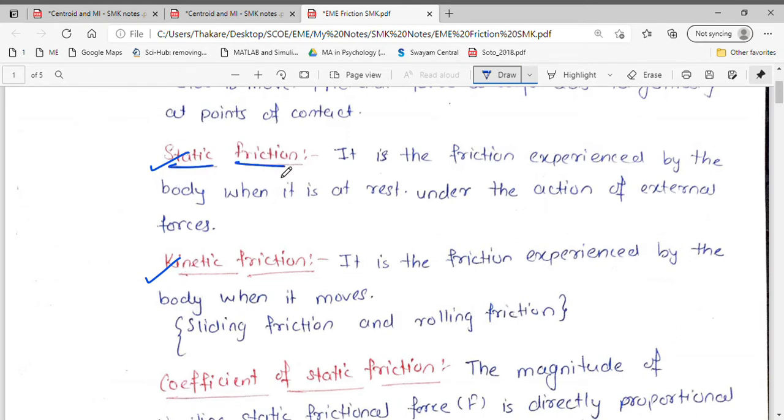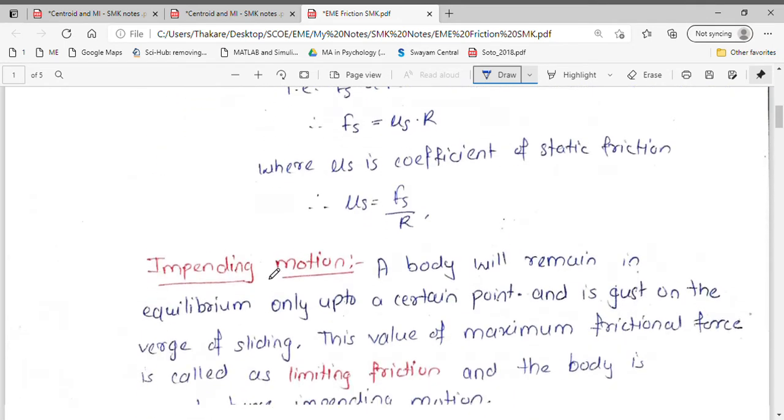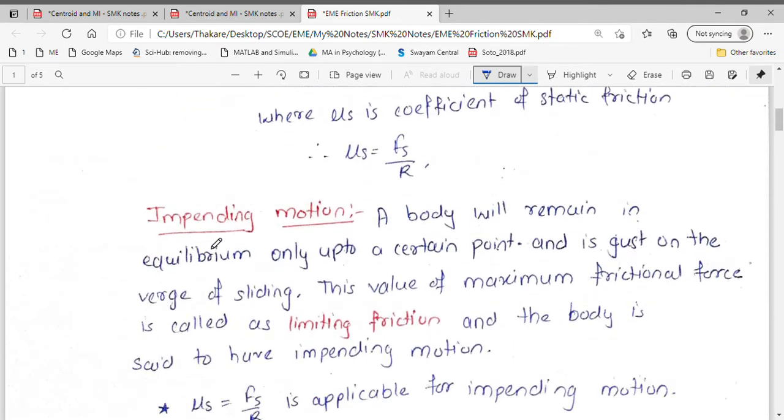Static friction is when the body is in a state of rest and about to move, and kinetic friction is when your body is already moving. Then, impending motion: a body will remain in its equilibrium only up to a certain point, and after that it will start to move.